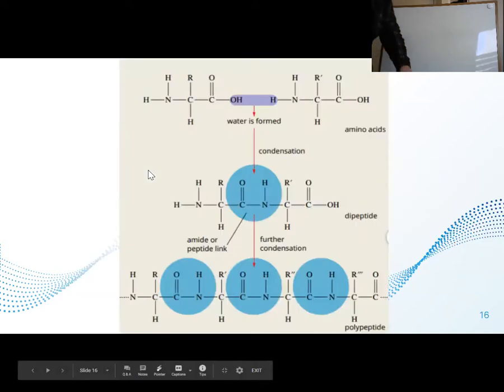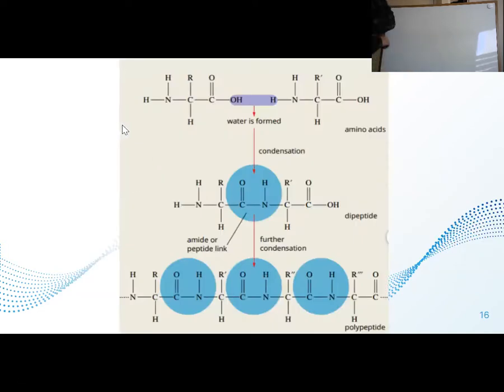So again, I'm still sharing so you can see the OH group on one of the amino acids reacts with the H on the amino group of the other one. We get rid of this because water is formed and a carbon and nitrogen in a peptide bond.